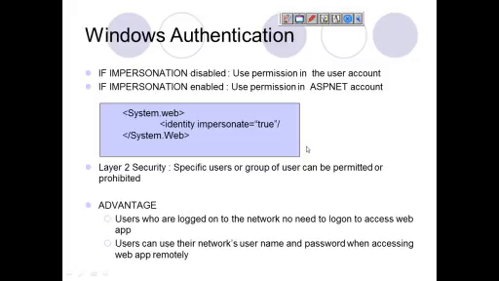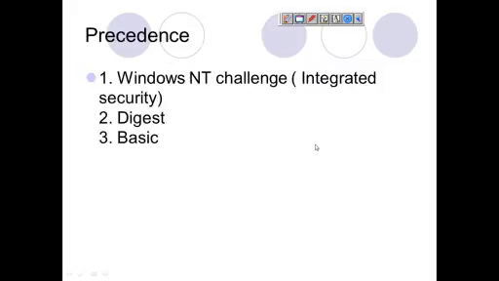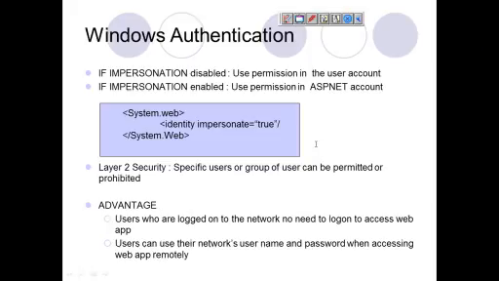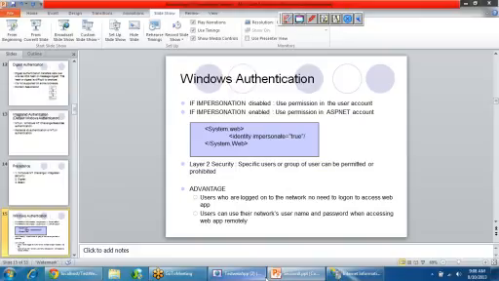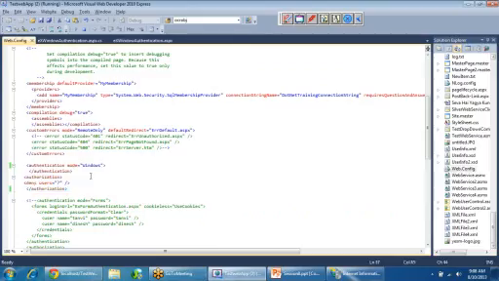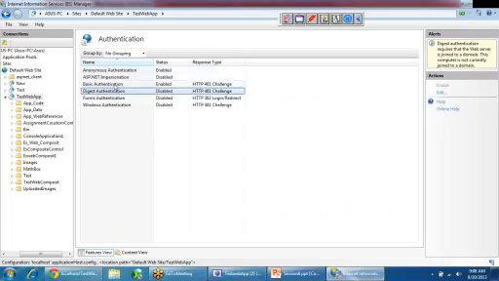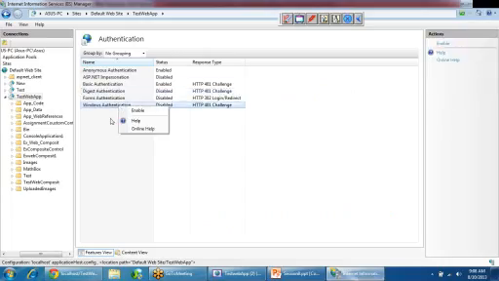Okay. Now this is what we set from IIS. You can see the same thing we can set from the web.config file. So we can set the authentication mode here to Windows, and authorization to deny unauthenticated users. From IIS, I will disable this setting of Windows authentication.